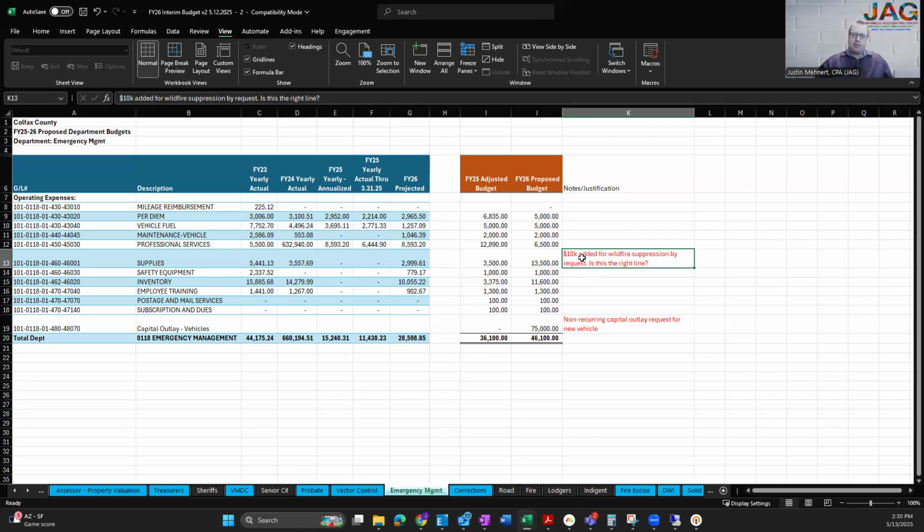It's probably a mix of those three. If you look at the wildfire suppression funds, you'd see a mix of those different line items. Okay, so I can allocate it accordingly, but I've just thrown it into supplies for the moment.